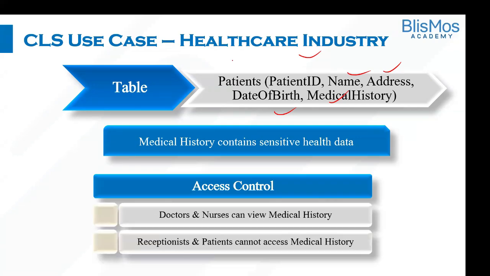Depending upon who is accessing the data, only those particular columns are given access to. For example, doctors and nurses can view the medical history, while receptionists and patients are not allowed to access it. Very simple example. Right, Sabna, you are able to get it? That is a very wonderful use case in healthcare for column level security.